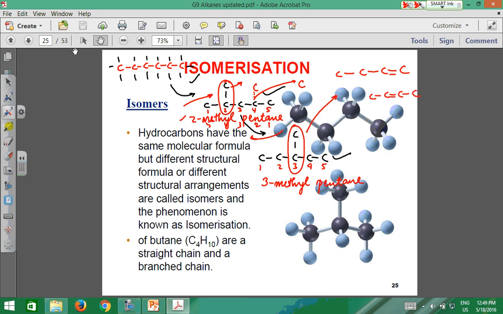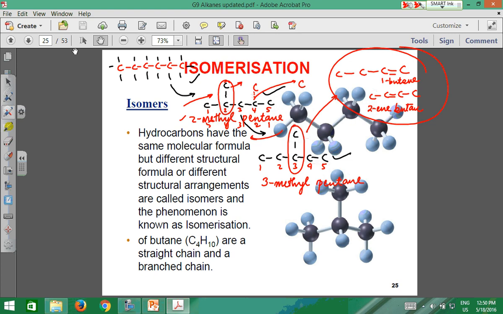So here it is 1-butene, or but-1-ene. Or the second one, after the second carbon, can I write but-2-ene? The difference is here. They are also isomers.